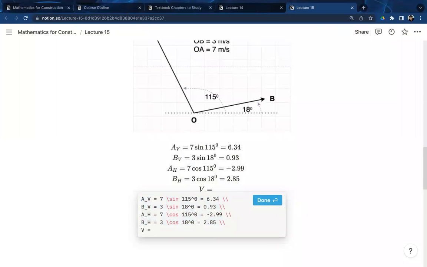The vertical components are this AV and the BV, right? So the AV plus the BV as the total vertical component. This is the 6.34 plus the 0.93. Okay, what is that?